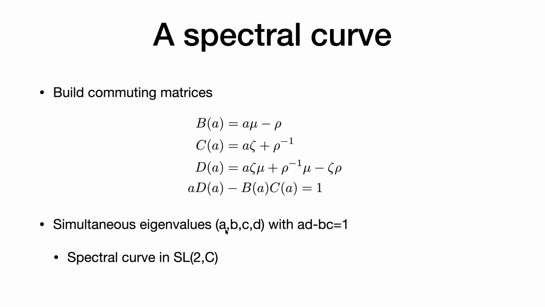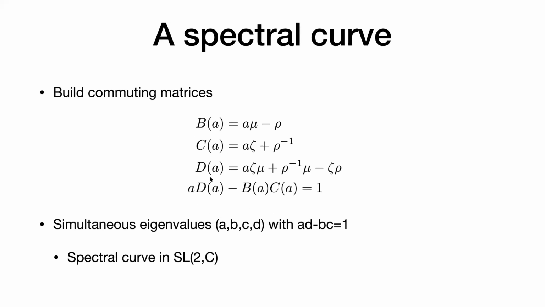Here we need to study the behavior of this curve as you approach the boundary of SL2C, as you go to infinity in SL2C, which means at large A. And at large A, these matrices essentially become diagonal. And so you find K branches along which the ratio of B and A and the ratio of C and A are fixed. And this turns out to be precisely the giant graviton shape that we're looking for.